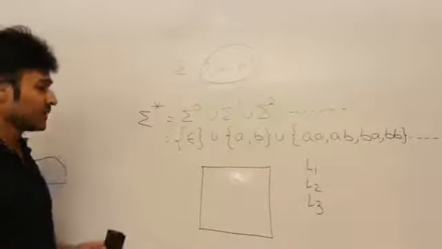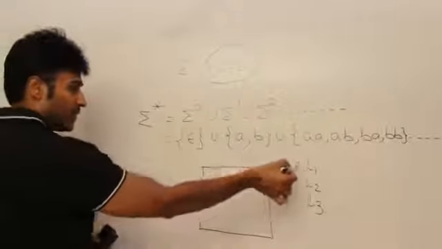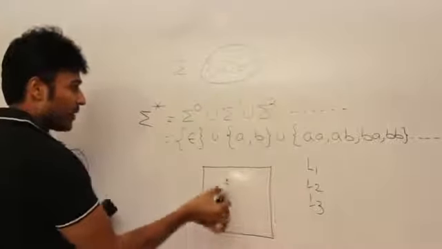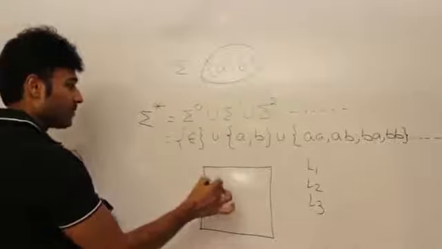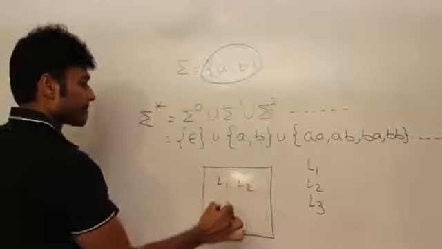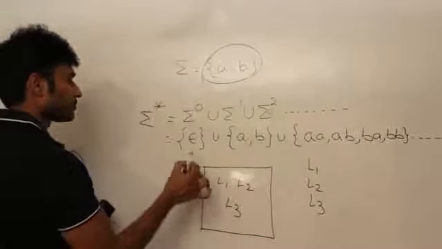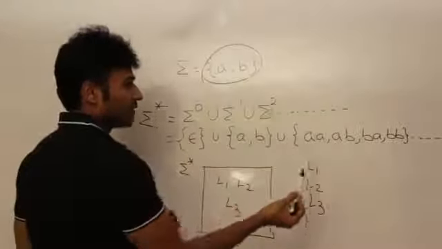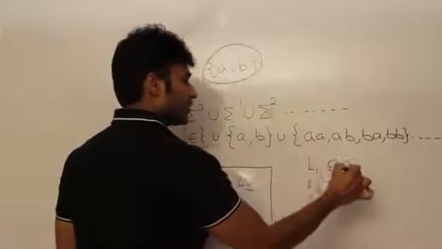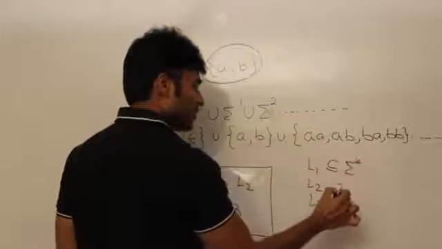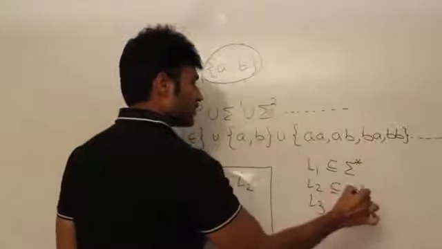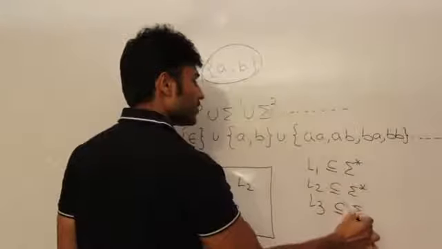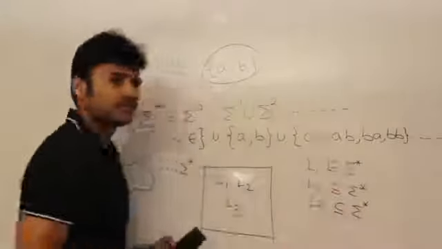Now you can see that L1, L2 and L3 are all parts of sigma star. So L1 is a subset of sigma star, L2 is also a subset of sigma star, and L3 is also a subset of sigma star.